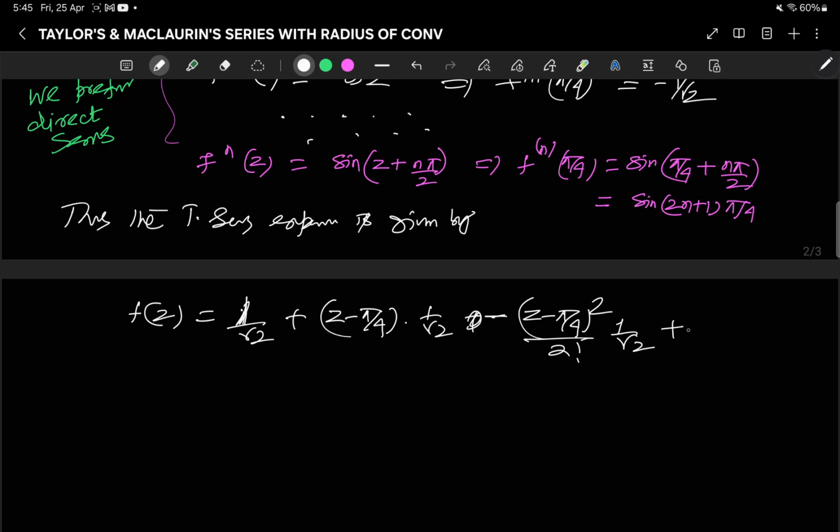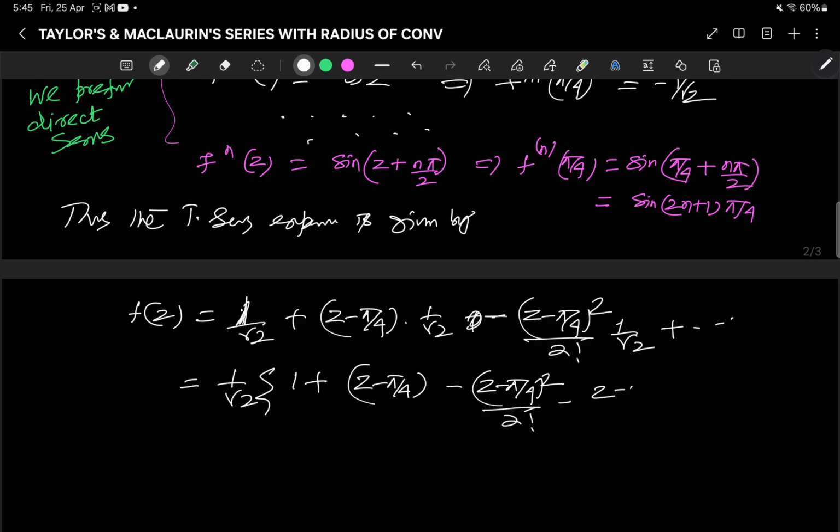In that way it will continue. So this is equal to 1 by root 2 times 1 plus (z minus pi by 4) minus (z minus pi by 4) whole square by factorial 2. Next is also minus (z minus pi by 4) whole cube by factorial 3. So on it will continue.